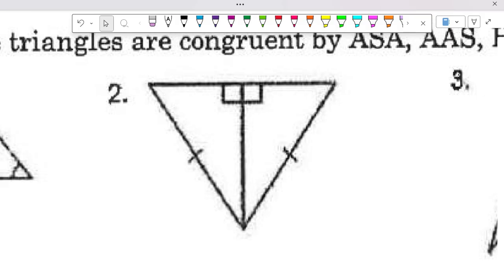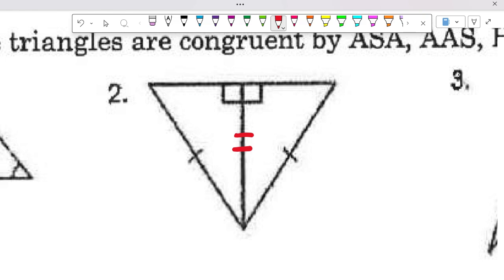So first off, what can I mark? I can mark the shared side. Now, it's a right triangle. So if you look, the only marked angle is the 90-degree angle. That would be the congruent angle. Is it between the 2 sides? So in other words, is it going to be side angle side?